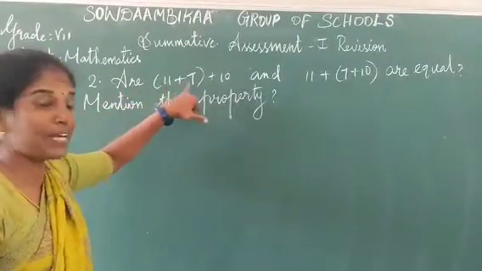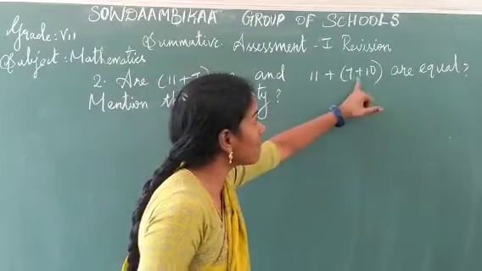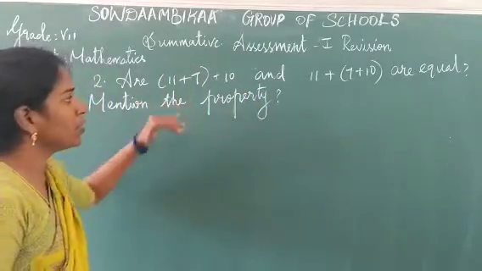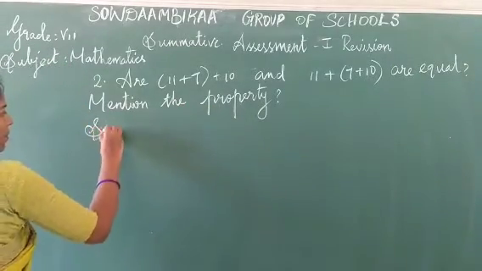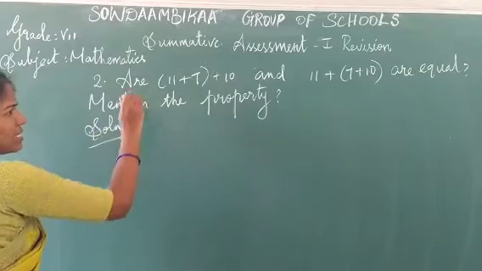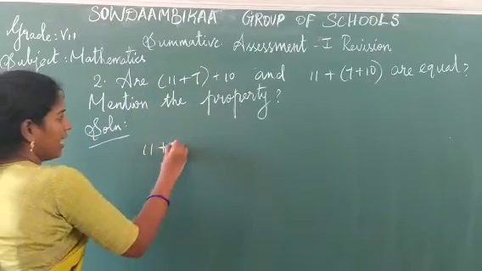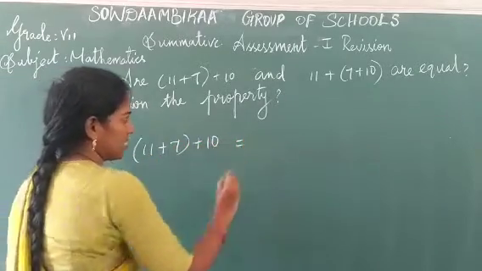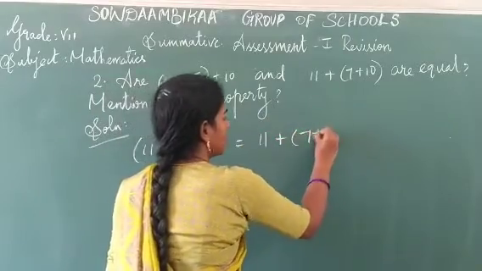11 plus 7 plus 10 and 11 plus 7 plus 10 are equal. Mention the property. Do you know this sum very well? Once again recall. Check they are equal. First write the LHS: 11 plus 7 plus 10 is equal to the opposite side, 11 plus 7 plus 10.